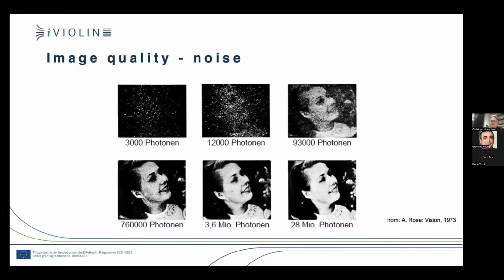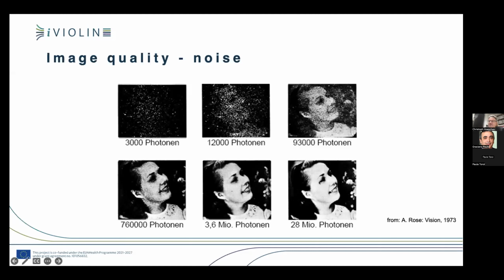And then he found a way to reduce the number of photons step by step by around a factor of 8. It's not always exactly a factor of 8, but around that. And you see some noise appears and it gets worse and worse. And obviously, therefore, it gets much more complicated to detect the situation.